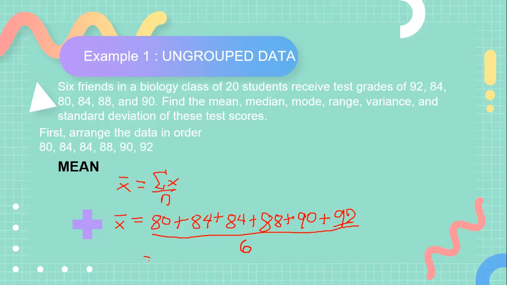So, if we add 80, 84, 84, 88, 90, 92, what is it, class? Very good, it's 518 divided by 6.